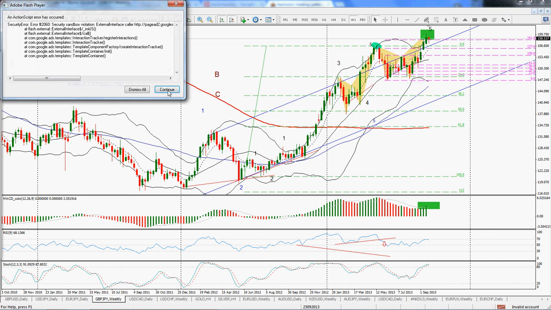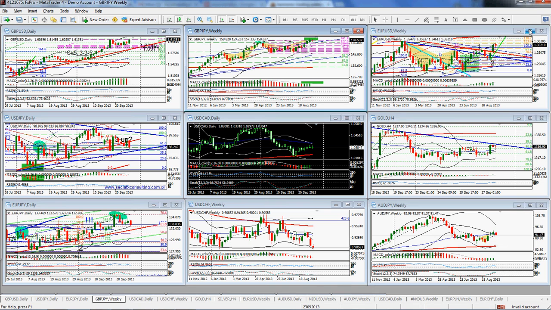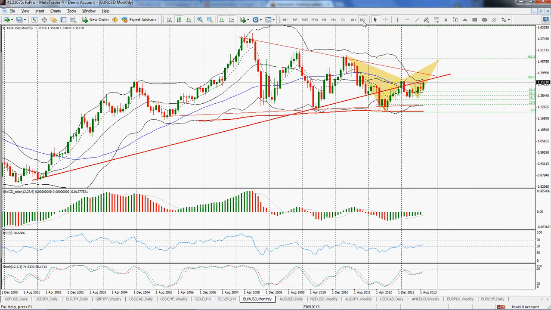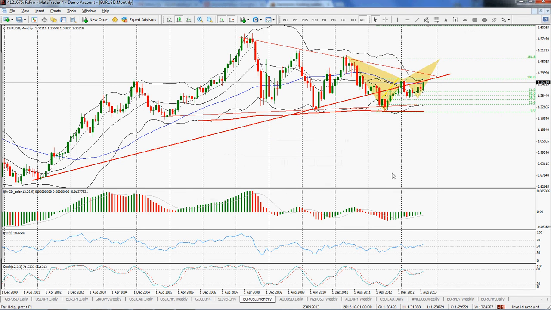By locating them, what is important is that you try to keep the shape of the butterfly. So you shouldn't be looking for formations which look like, for example, in this case on the monthly chart. Sometimes people say, okay, this is a butterfly pattern. Or the beginners say, oh, that looks like a butterfly. One second, I'll try to show you.